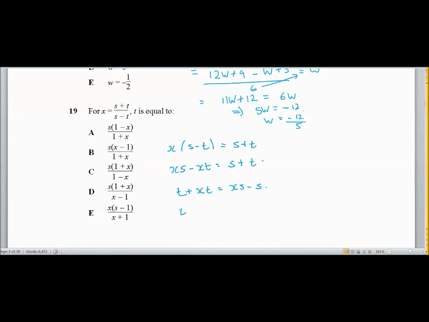Take out t as our common factor, which means we've got t times x plus 1 is equal to, and we'll take out s as a common factor over here, s times x minus 1, which therefore states that t is equal to s times x minus 1 over x plus 1. So the answer is going to be B there.